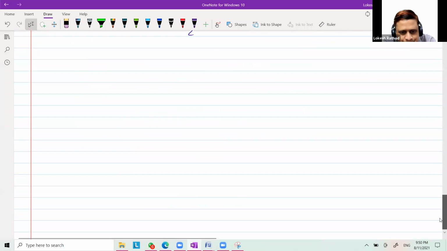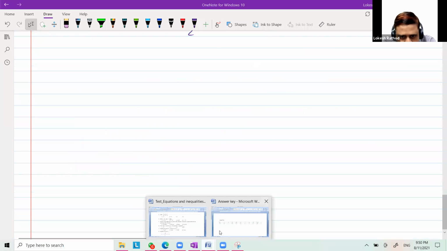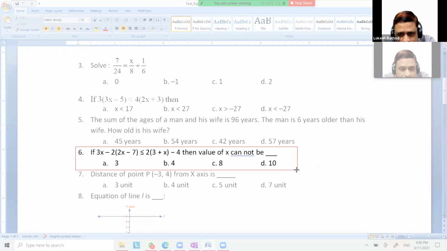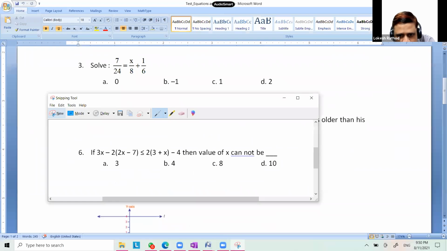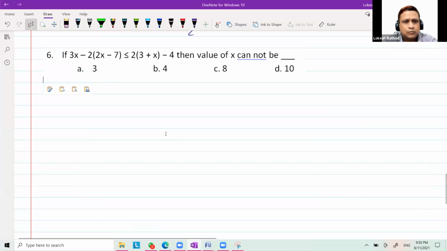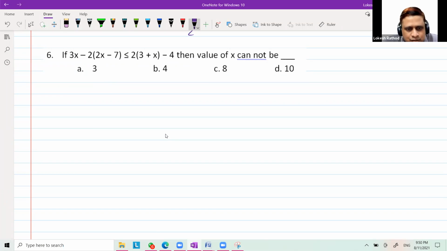Next we have 6. What does it say? This is again a question of inequality, right? So I open the bracket first. So it is 3x minus 2 times 2x, that is 4x.